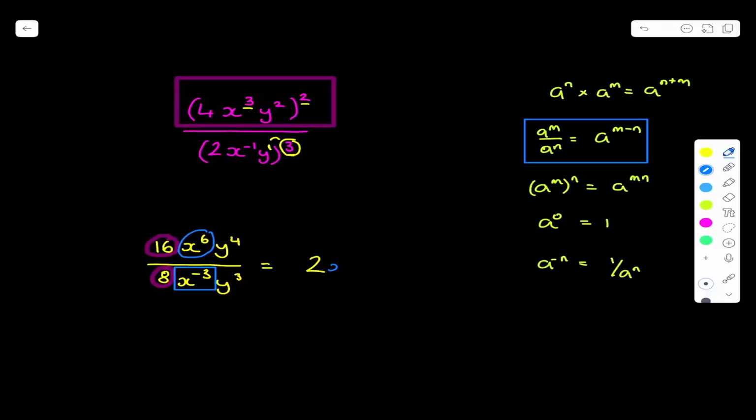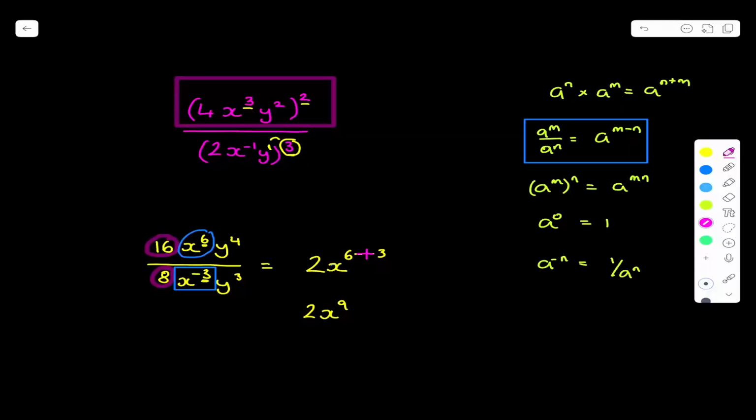You would have x, and you would have 6, subtract negative 3. 6 take negative 3. Whenever you have a double negative like that next to each other, what happens? It becomes a plus. Two negatives next to each other become a plus. So 6 plus 3 is 9. So let's rewrite this. So this should be 2x to the power 9.